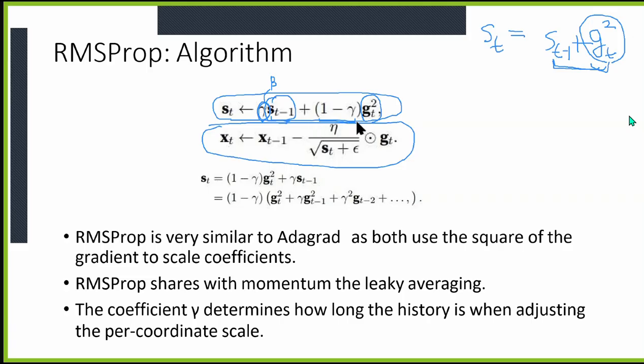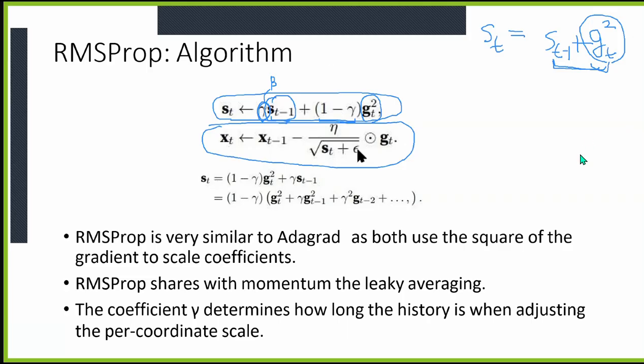But now, since we're focusing on the more recent ones, whereas the past gradients have less influence, the accumulation speed gets slower, which solves that problem, and is one advantage of RMSProp.